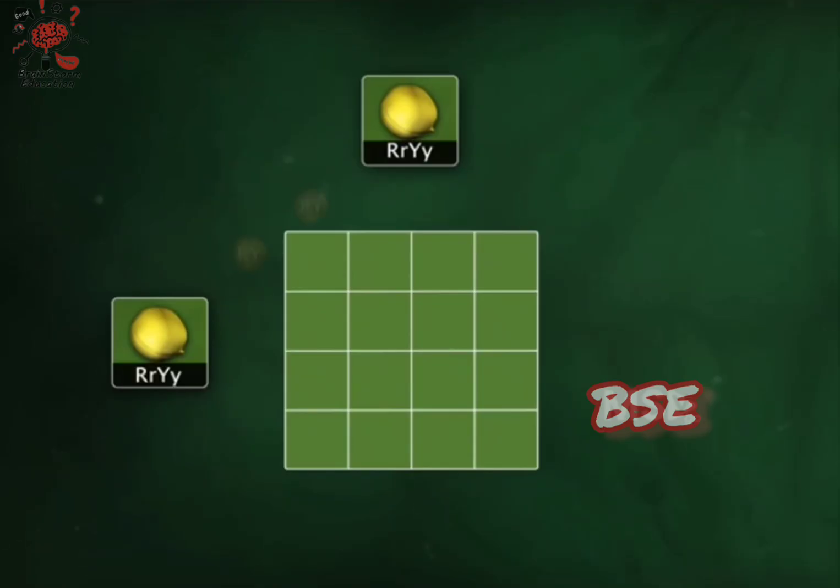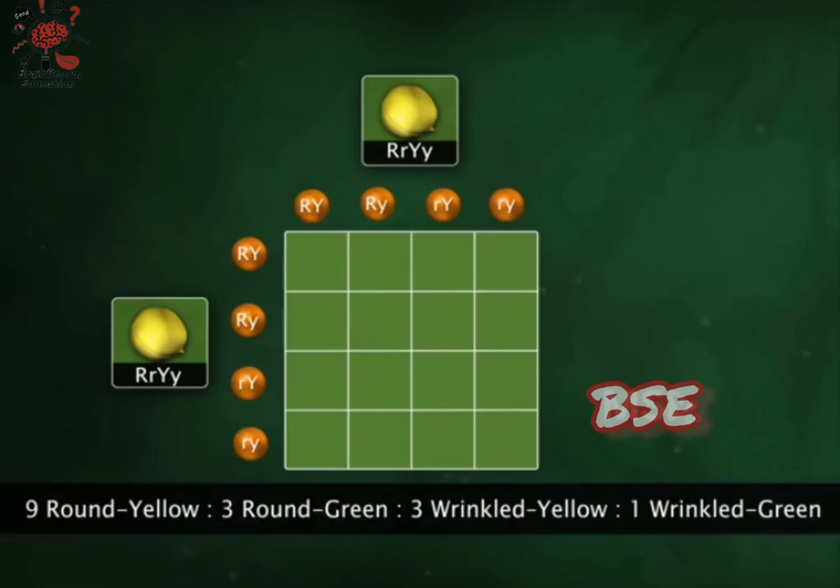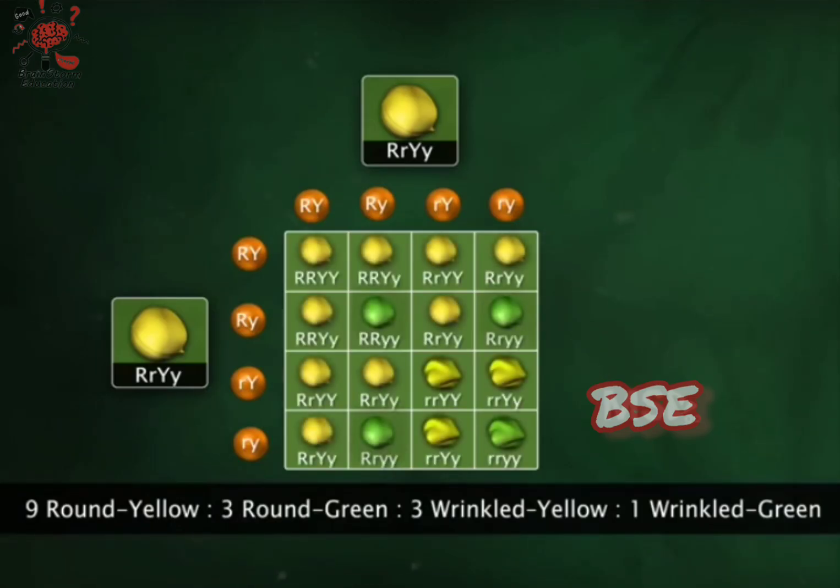These are capital R capital Y, capital R small y, small r capital Y, and small r small y. As you can observe in the Punnett square, the fusion of these gametes produces the F2 progeny plants in the phenotypic ratio of 9:3:3:1.